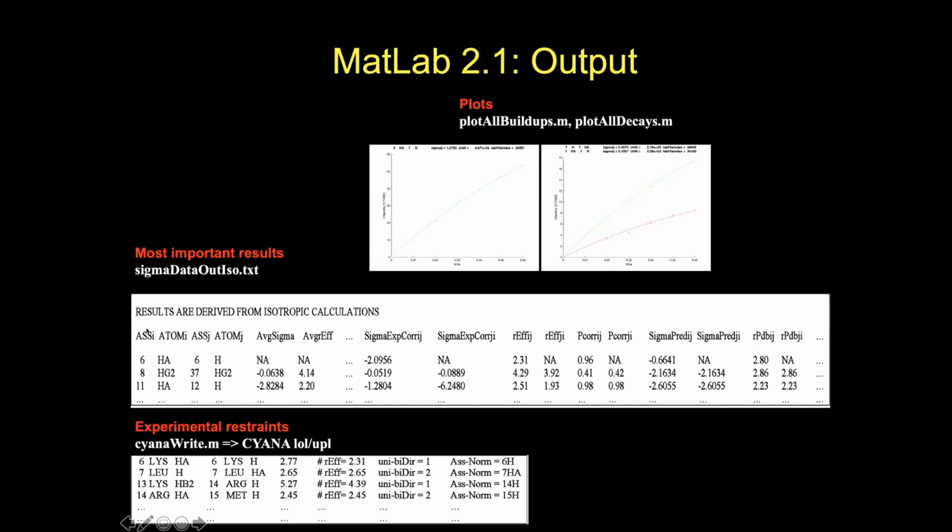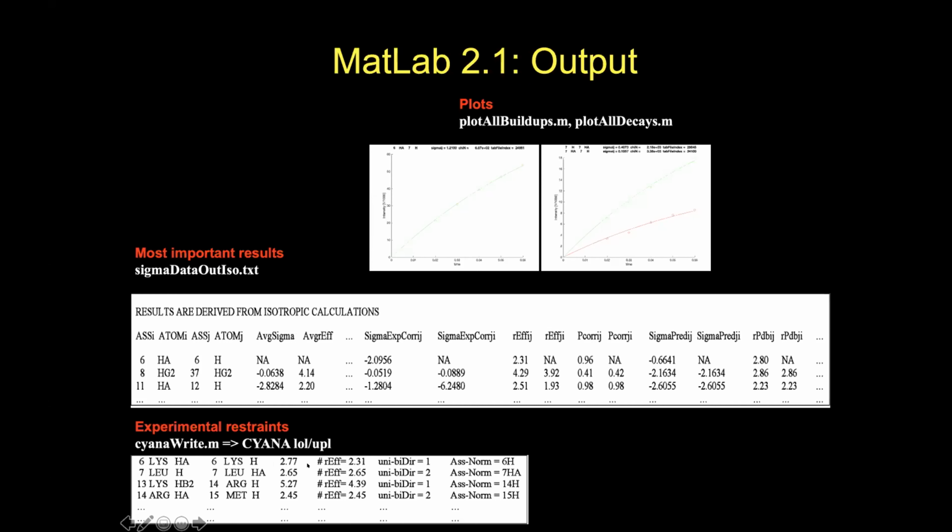Now, if you type in cyanaride.m, you will obtain the CYANA format distance restraint files. So they are called UPL or LOL for those who work with CYANA. They look like that. They just contain the names of the spins and the distance.